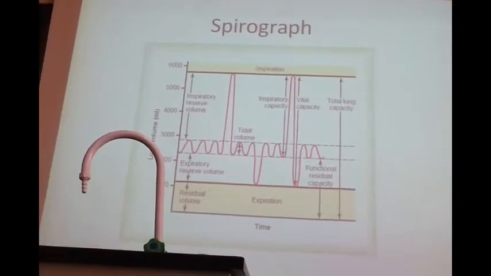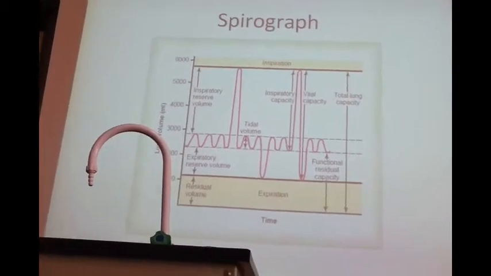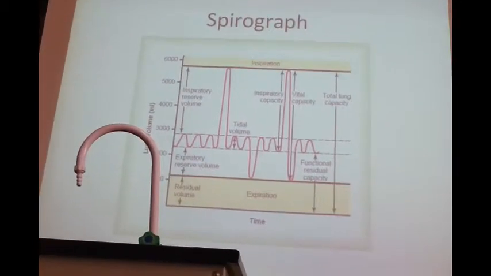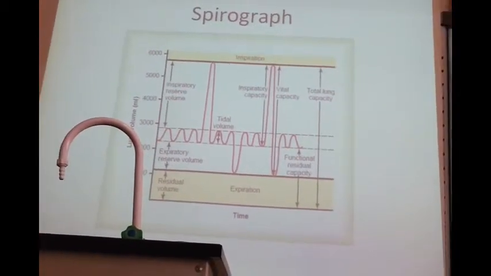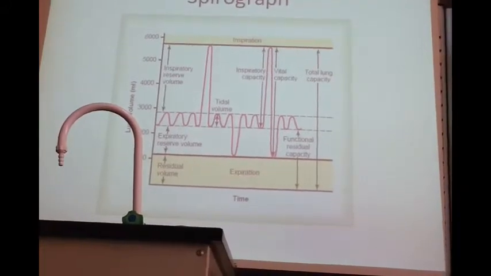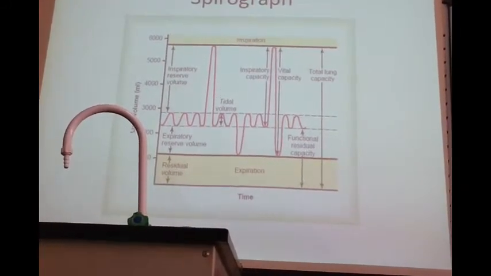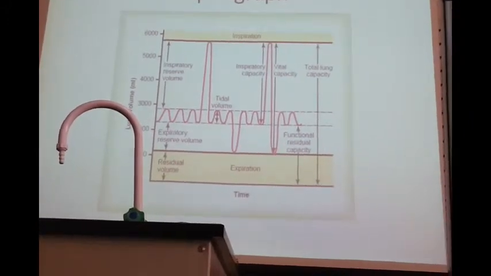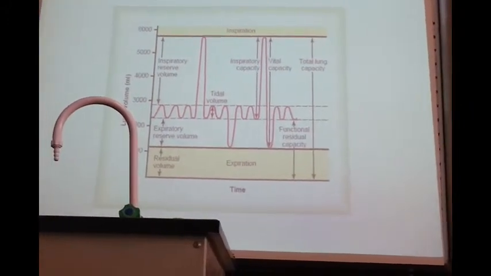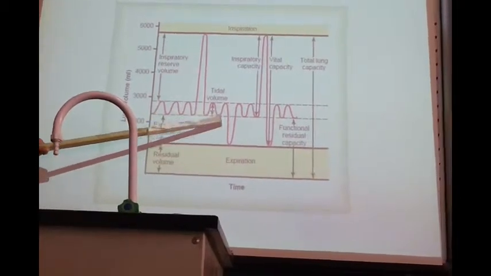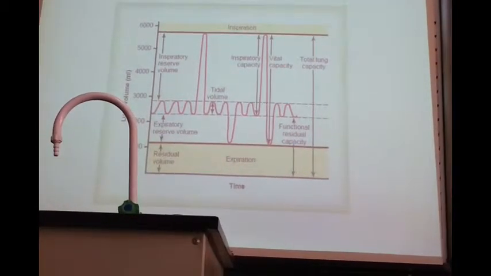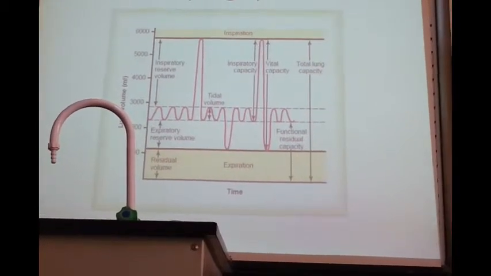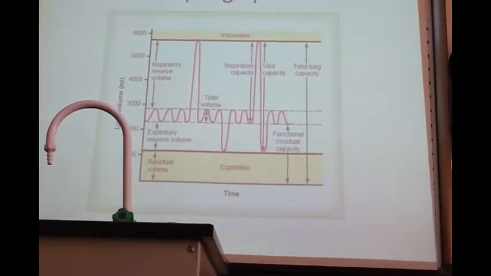Why functional? Because it helps in proper functioning of the respiratory system, not the nervous system. I had a lecture this morning on the CNS, so the nervous system is coming in between. From here to here is functional residual capacity.